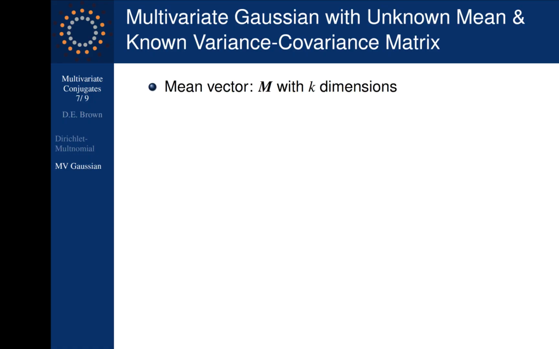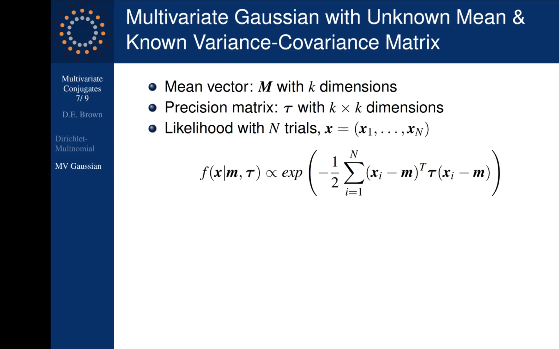So we'll let M, capital M, be our mean vector for the likelihood, which is a multivariate Gaussian in k dimensions. We'll let tau be the precision matrix. And this, as we saw in the univariate case, is just the inverse of the variance. So in this case, it's the matrix which is the inverse of the variance-covariance matrix, and again, that's k by k dimensions.